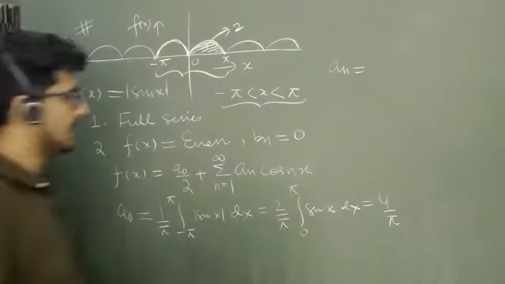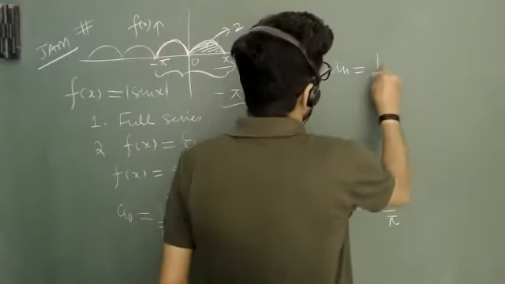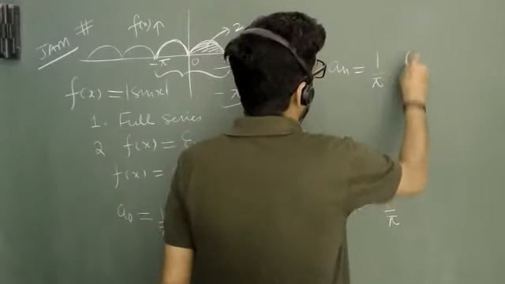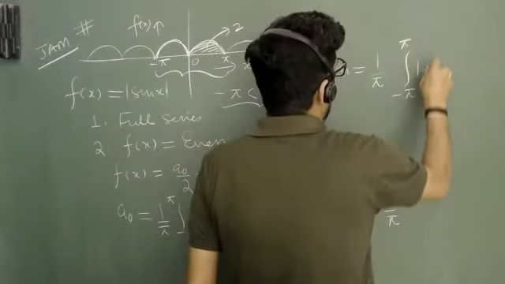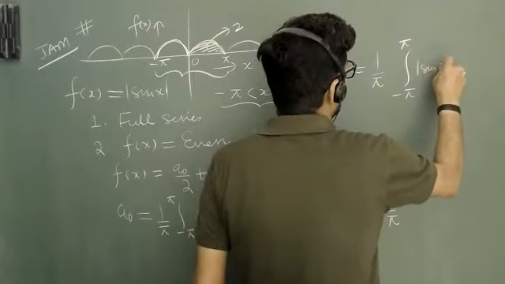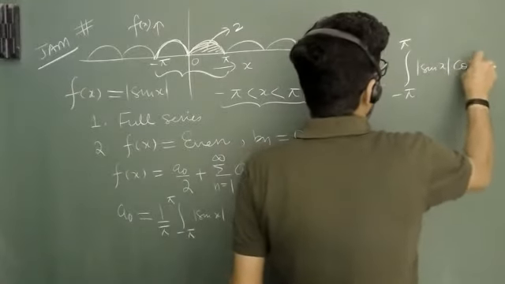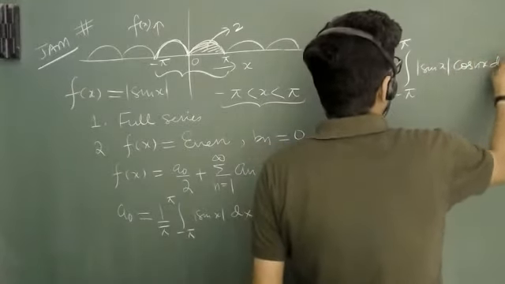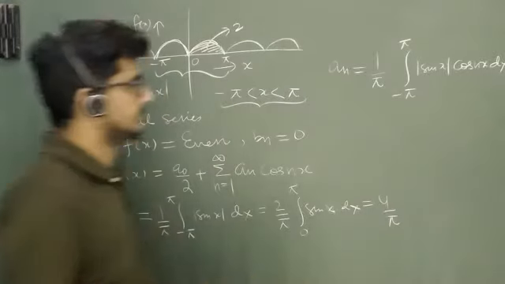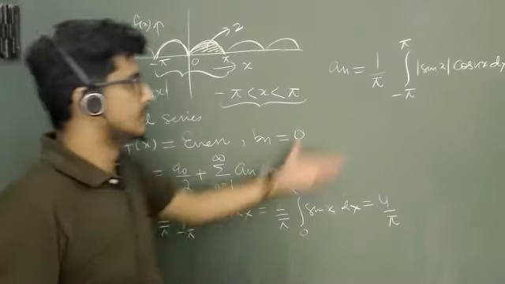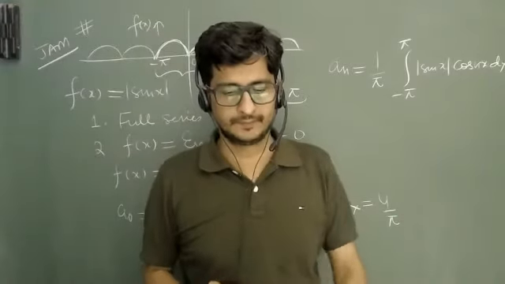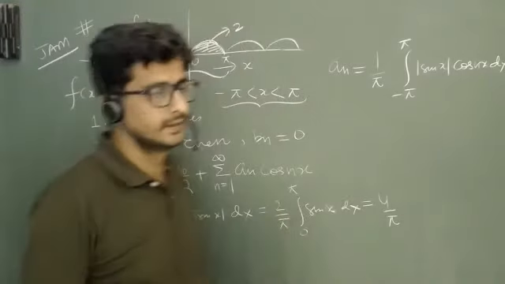So what will be the value of a_n? It will be 1 by pi integral minus pi to pi mod of sin x and cos of nx dx. This is what we want to calculate as a_n. You want to calculate this? Yes, sir.